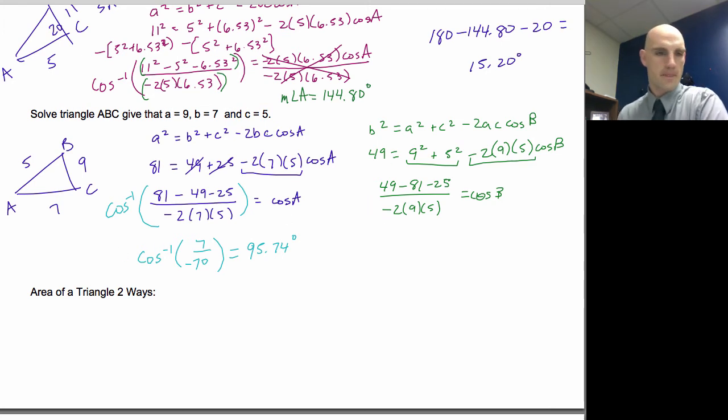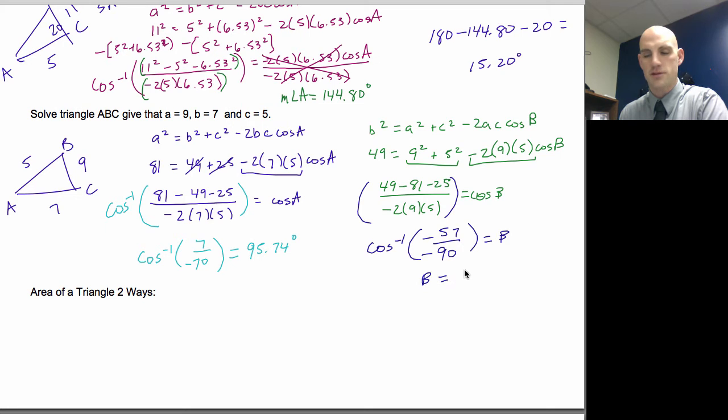So this is going to be cosine inverse of this whole side, which is negative 57 over negative 90, is equal to B. And so B is going to be equal to 50.70 degrees.